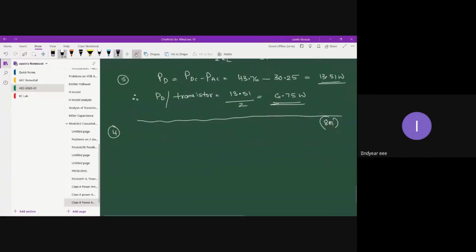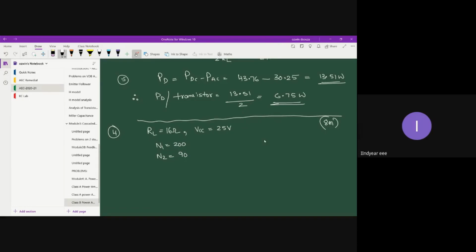All right. So take down. A Class B push-pull amplifier drives a load of 16 ohm. VCC is equal to 25 volts. Number of turns in primary is 200. Number of turns in secondary is 90. Okay.